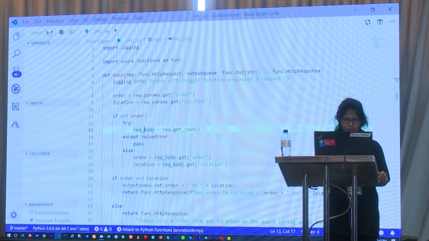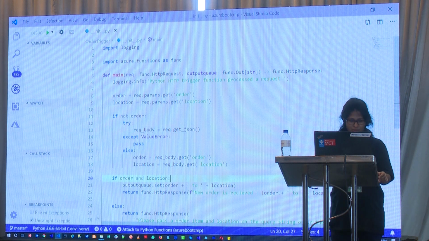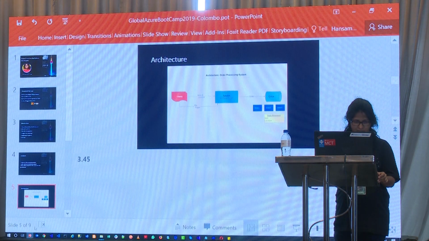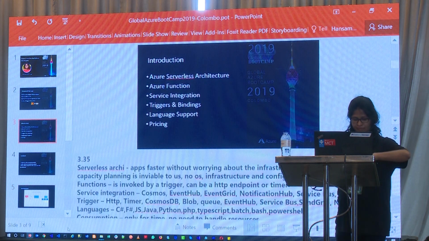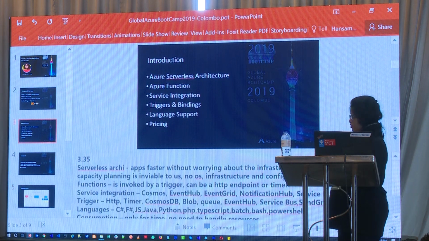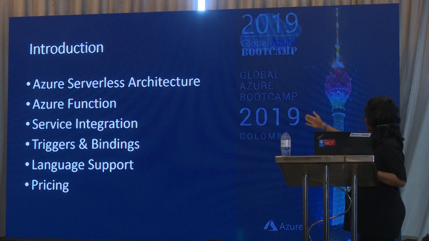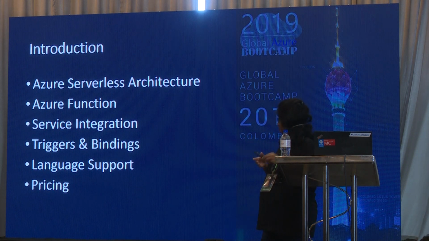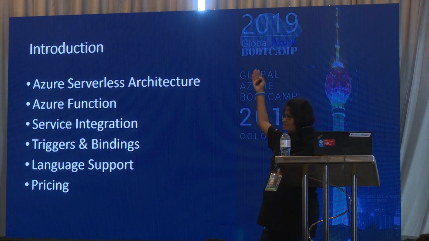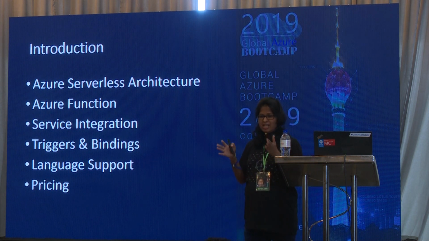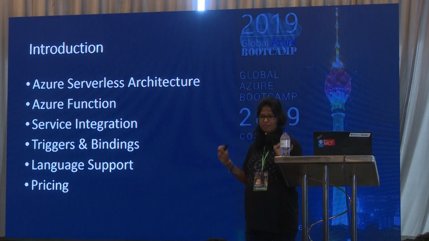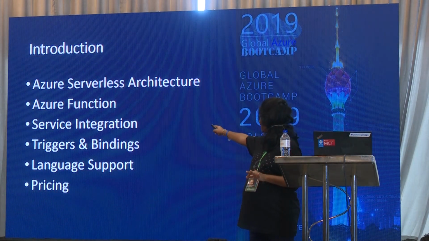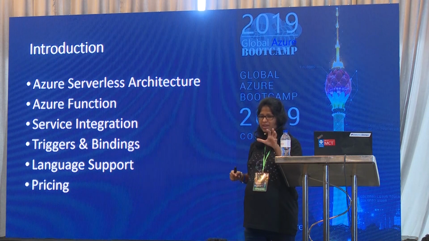Then I will try to run this one, but the thing is, I told you about this, so if we go to this slide, we created an Azure function in Python. What is the service we integrated with this function? We have an HTTP trigger function, the simplest function you can write, and we integrated one service with that HTTP trigger.